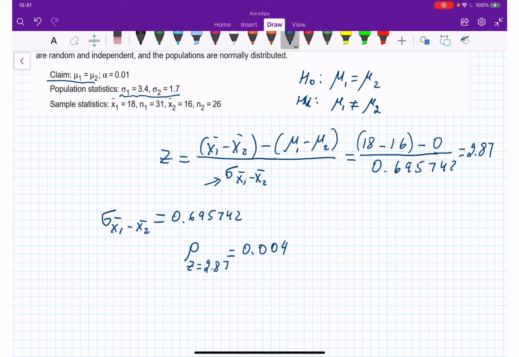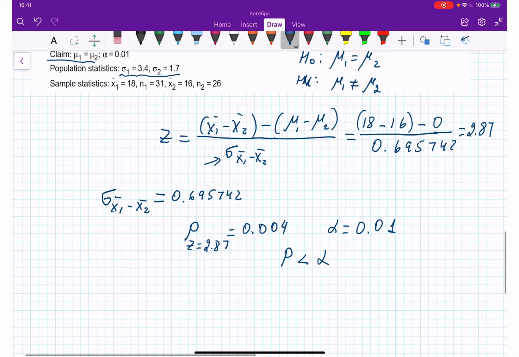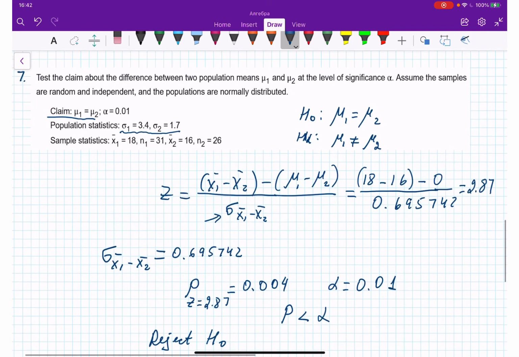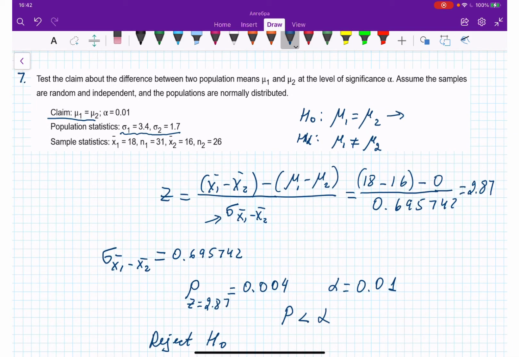Alpha is 0.01. Obviously, our p-value is less than alpha. Therefore, because it's less than, we reject the null hypothesis. And since our claim is the null hypothesis, we are not dealing with the alternative, and we draw the conclusion about the null hypothesis.